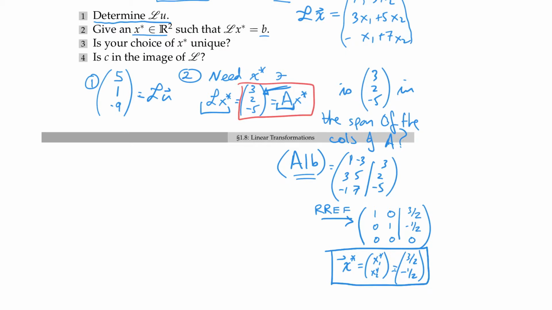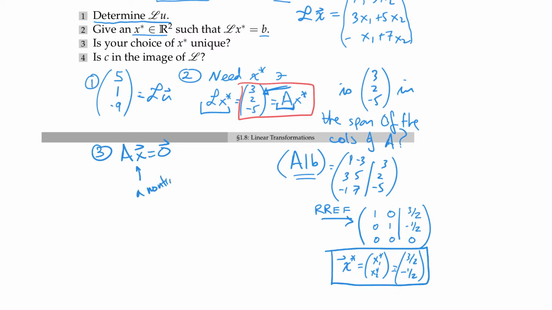Number 3. It asks, is x star unique? Well, to determine if x star is unique, we need to find if there are any solutions to Ax equals 0 that are non-trivial.